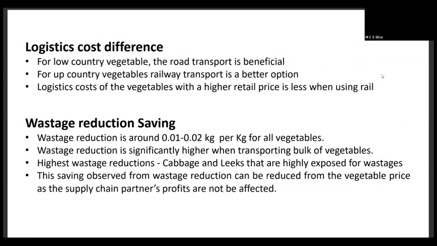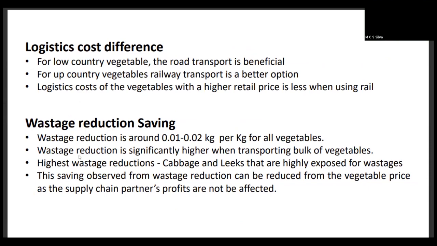So the findings are: logistic cost difference for low country vegetable, the road transport is beneficial. For the upcountry vegetable, railway transport is better option. Logistics cost of the vegetable with higher retail price is less when using rail. And also on the wastage reduction saving side, we will have 1 to 2 kilogram per kg for all vegetable.